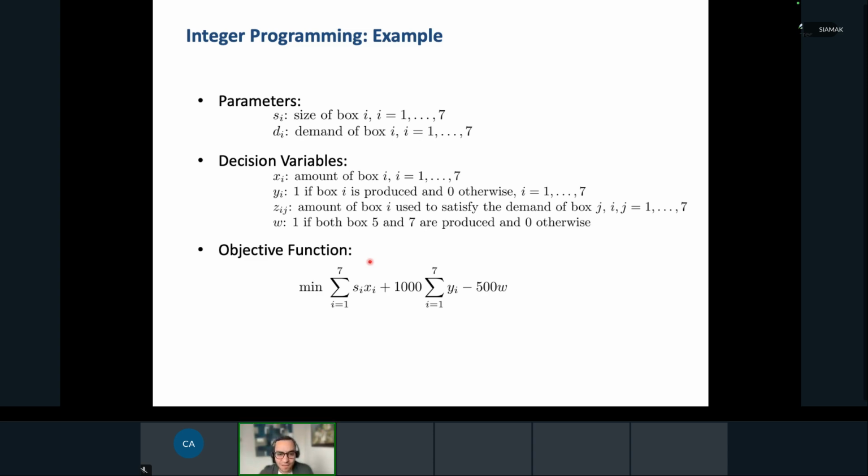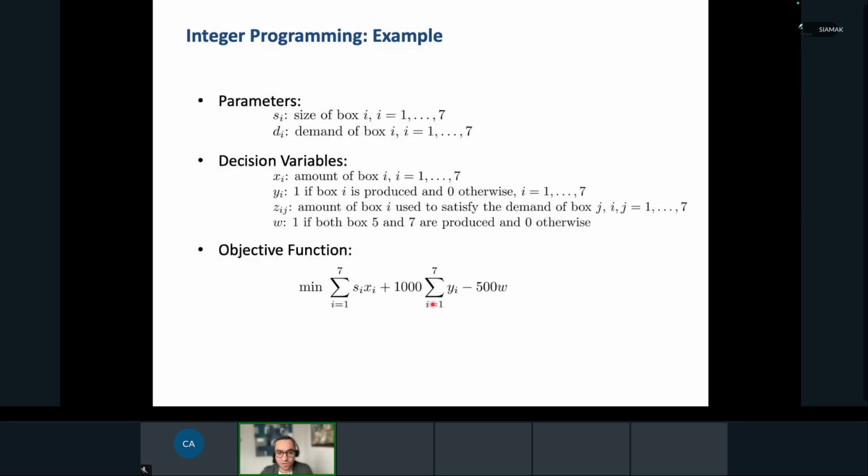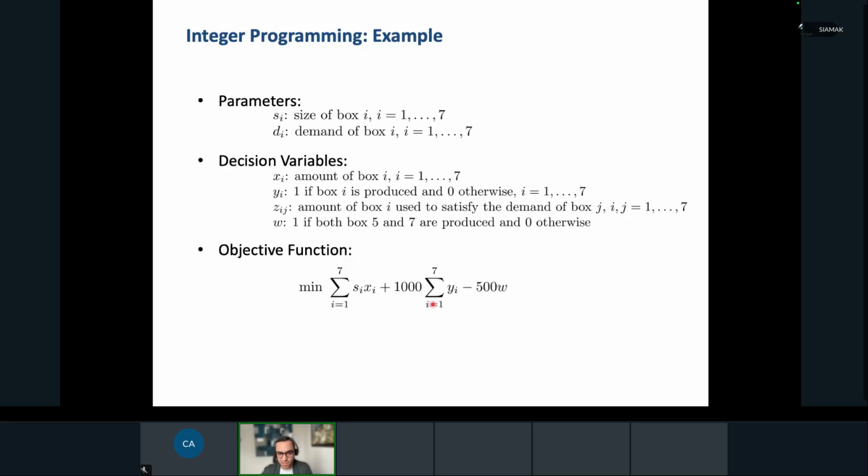Because I already have them here, I have to deduct this 500 to make it essentially 1,500 rather than the 2,000 that we have. Okay? Do you have any questions until now? Is it clear? Okay. Now, we have different relationships between these decision variables.